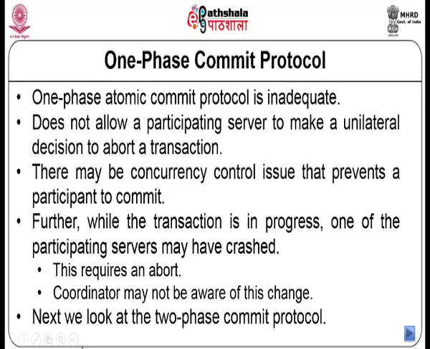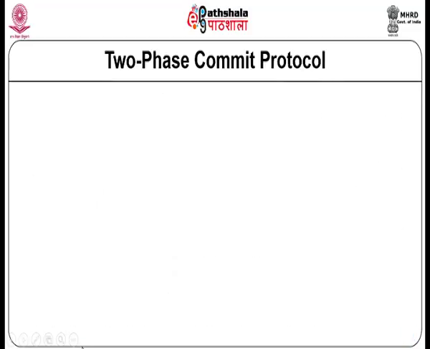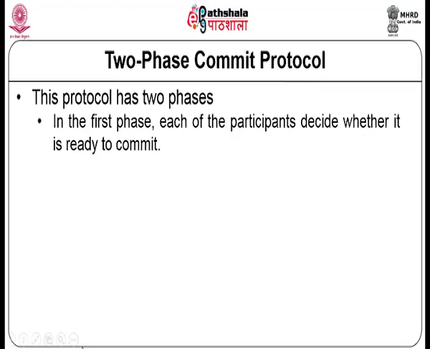This problem is alleviated in the next commit protocol, which is the two-phase commit protocol. In a two-phase commit protocol, as the name suggests, there are two phases. In the first phase, each of the participants decides whether they are ready to commit.